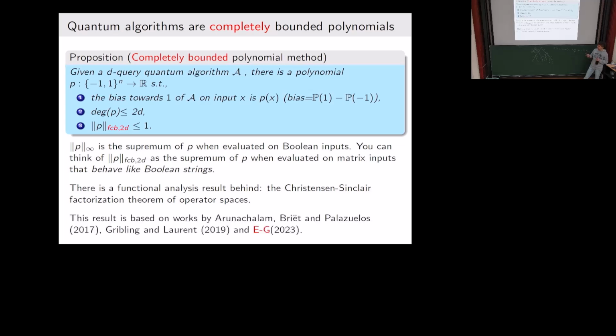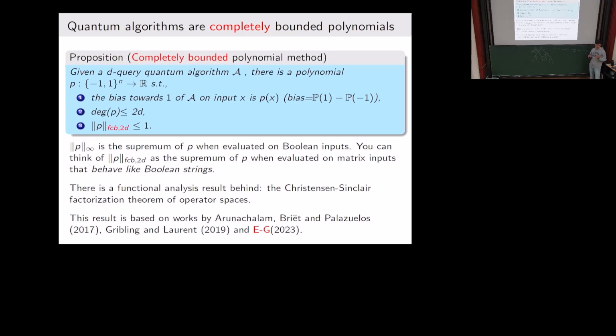And this was done, in fact, by Srinivasan Arunachalam, Jop Briët and Carlos Palazuelos in 2017. So they were the ones that first gave a tight characterization of quantum algorithms in terms of some notion of polynomial degree. What they did was essentially this, but I'm going to talk about the Fourier completely bounded 2D norm, which is somehow another presentation of the result.